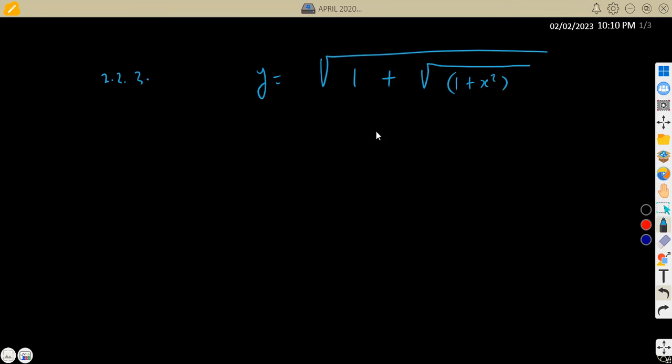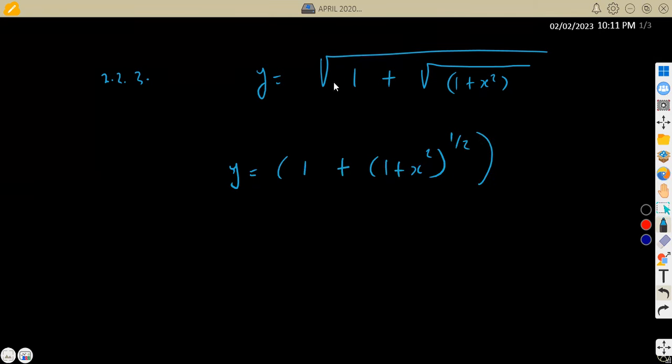As you can see, it's a complicated expression where we need to apply our chain rule. If you cross-check all these questions, it's actually the use of the chain rule. Here you've got y, which can be written in a format that allows us to apply the chain rule. Remember that square root means to the exponent of a half. So this is 1 plus, we also have a square root here, so it's 1 plus x squared to the exponent of a half.